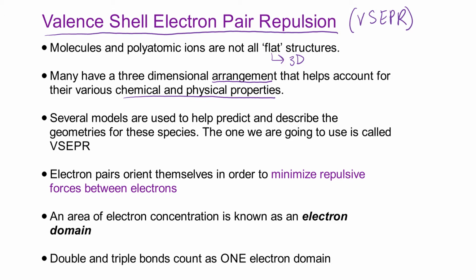The one that we're focusing on in this class is going to be this valence shell electron pair repulsion theory. If you think about the name, it's simply that the valence electrons within the molecule are going to orient themselves. They're going to position themselves, that's what that word means, to orient, in order to minimize repulsive forces between electrons.